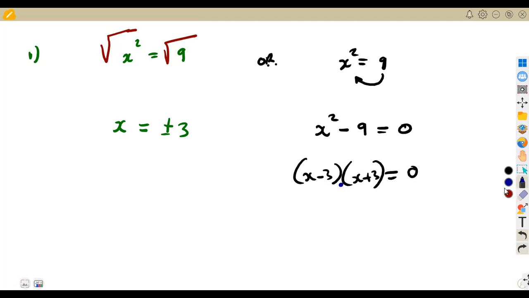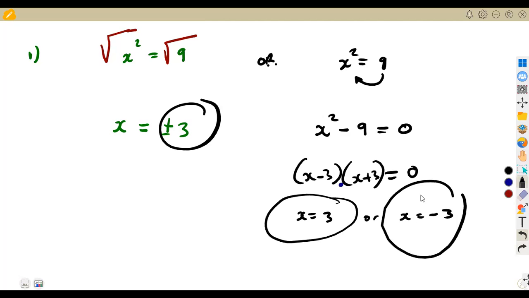And I said, when it is like this, it means one of these must be equal to 0. So x is going to be equal to, if you transpose negative 3 to the other side, it becomes positive 3. Or x is going to be equal to, take the positive 3 to the other side, a negative 3.